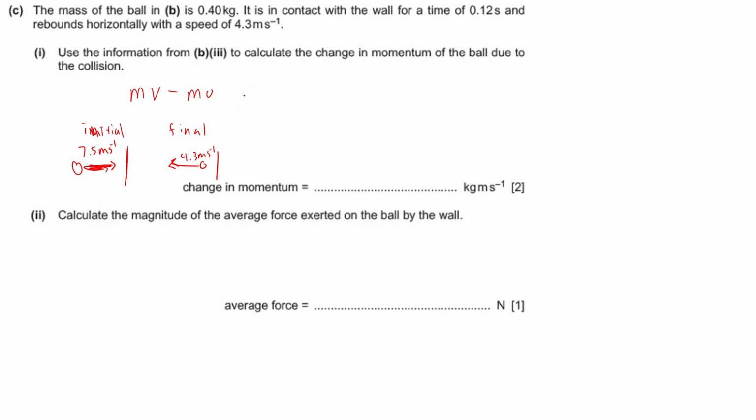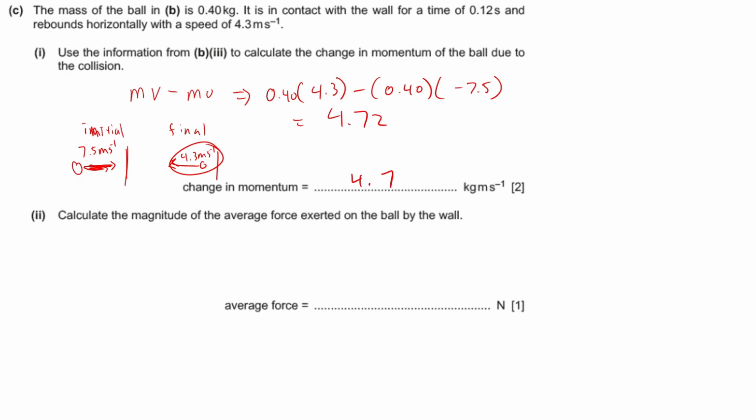So if we calculate this out, we get 0.40 multiplied by the final velocity, minus 0.40 multiplied by negative 7.5. Then this is going to be equal to 4.72, which is going to be 4.7.